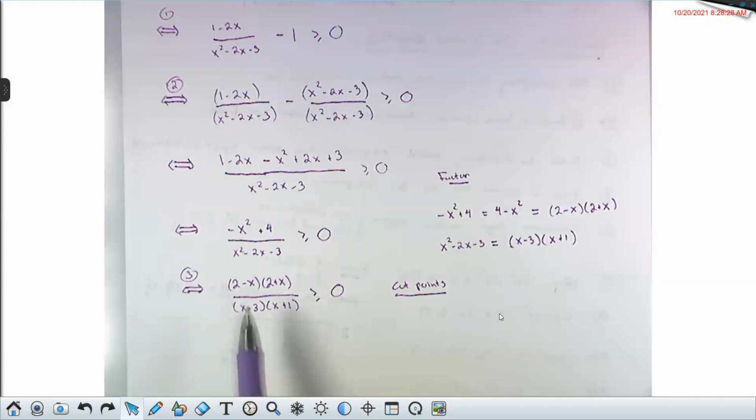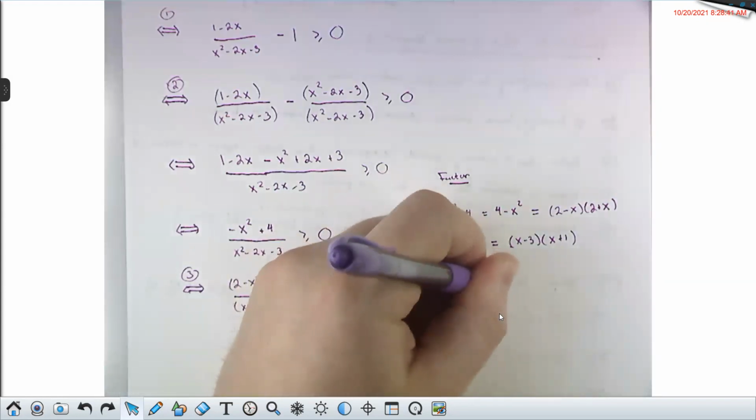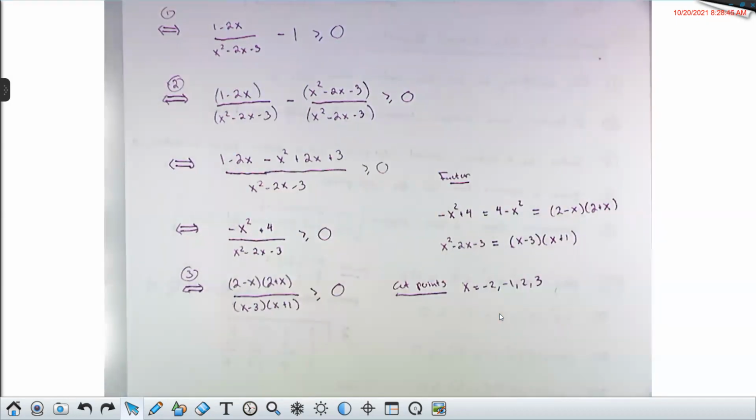So those cut points are places where the top is 0 or the bottom is 0. X-intercepts, vertical asymptotes. Those are negative 2, negative 1, positive 2, and positive 3 from these. So we're going to plot those on a number line.